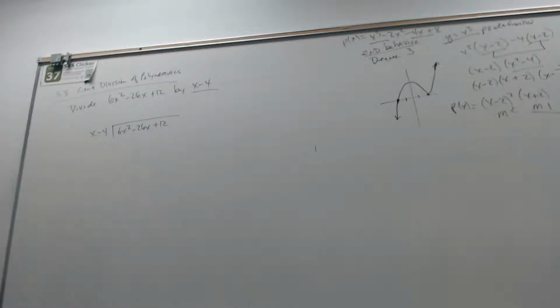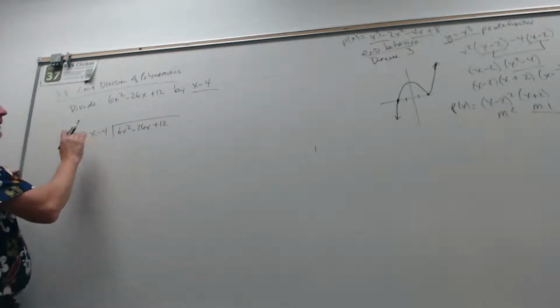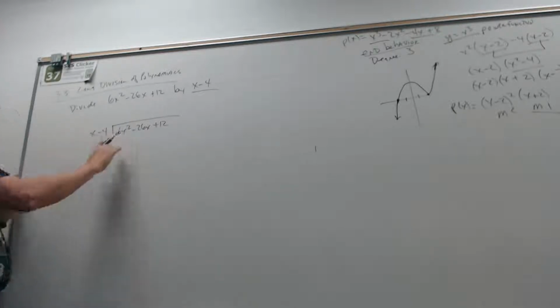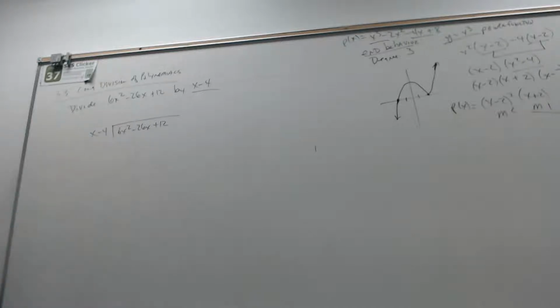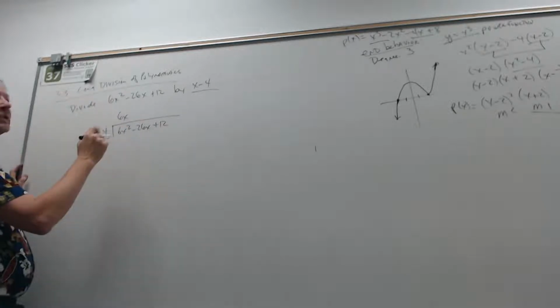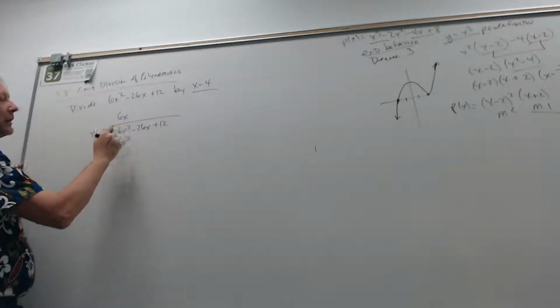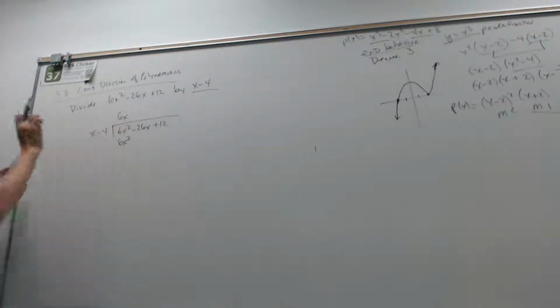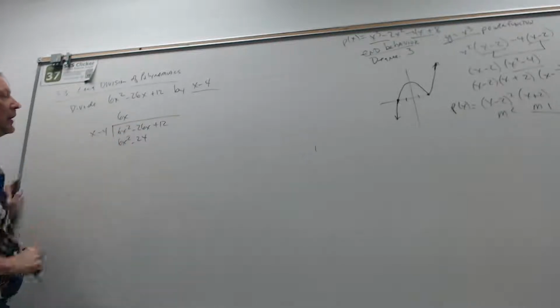All right, so here's what we want to do, okay? So the idea is it's going to work the same way. So x times what is 6x squared? 6x, okay? So I want you to write that there. So 6x times x is 6x squared. 6x times negative 4 is negative 24x.